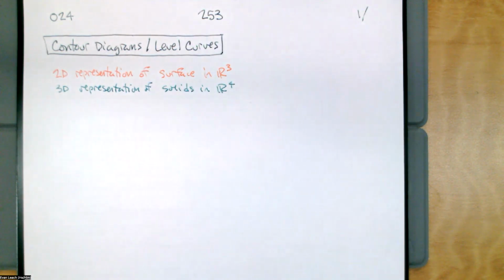This is how we're going to imagine things in 4 dimensions. We're going to have to look at it in slices that we can pull down to 3 dimensions. And it'll be very similar to what we do with a contour diagram or a topographical map. Let's start with something nice and simple.